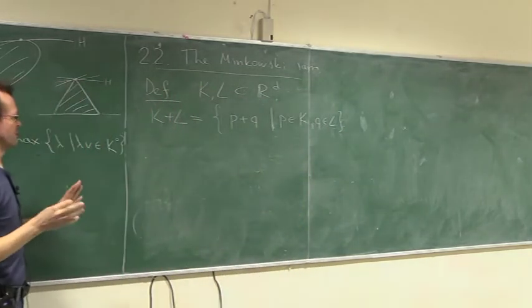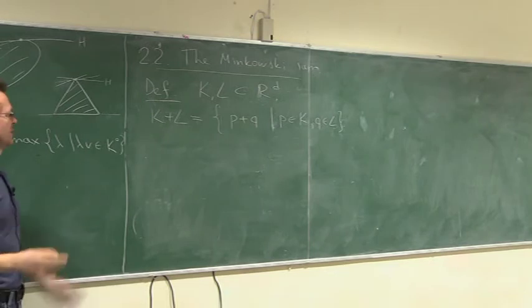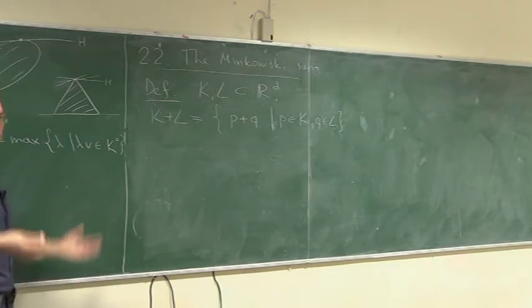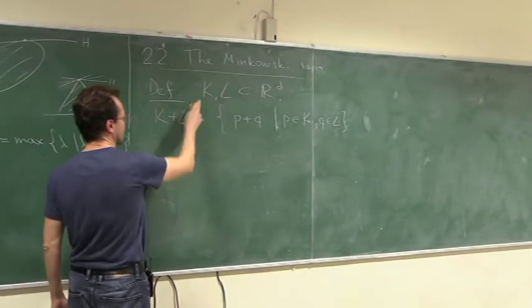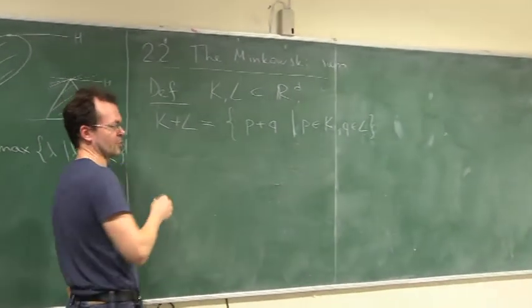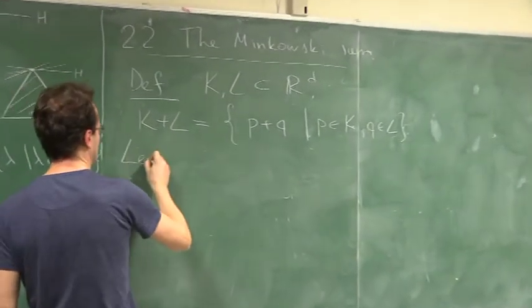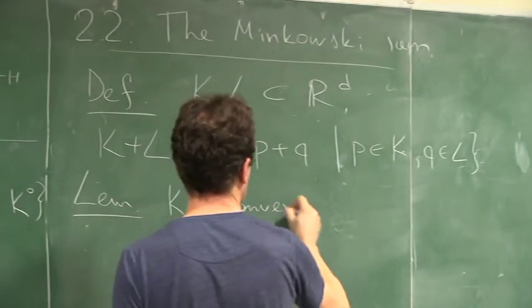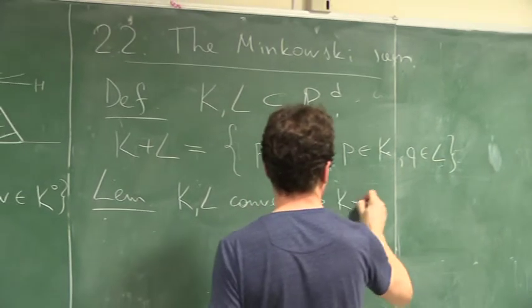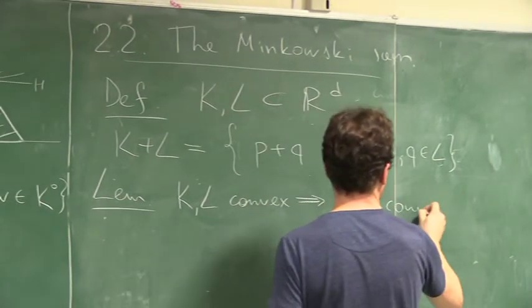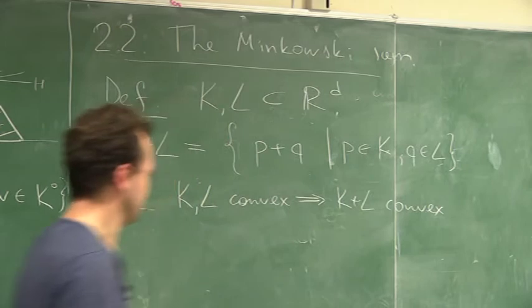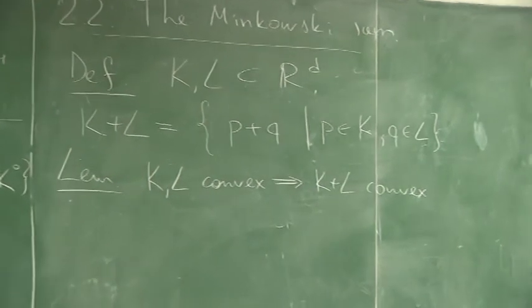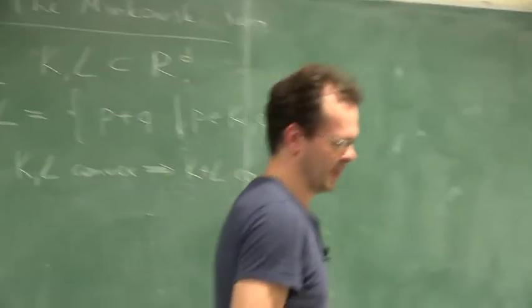One can define it even for non-convex bodies. That's just the sum set of two sets. But if K and L are convex, then their sum is also convex. So that's a nice exercise on using the definition of convexity.